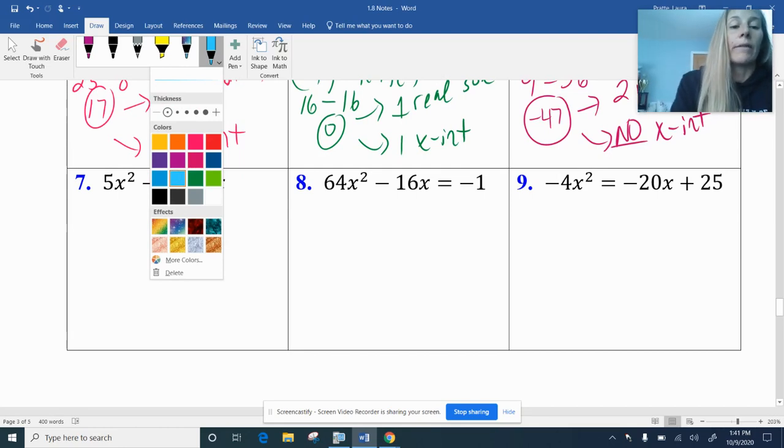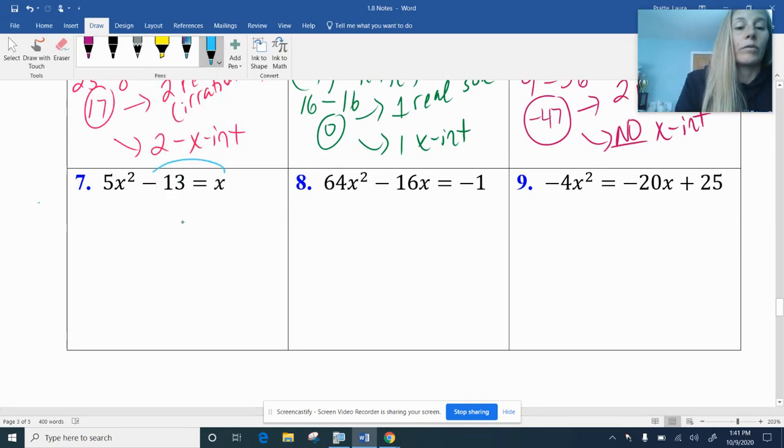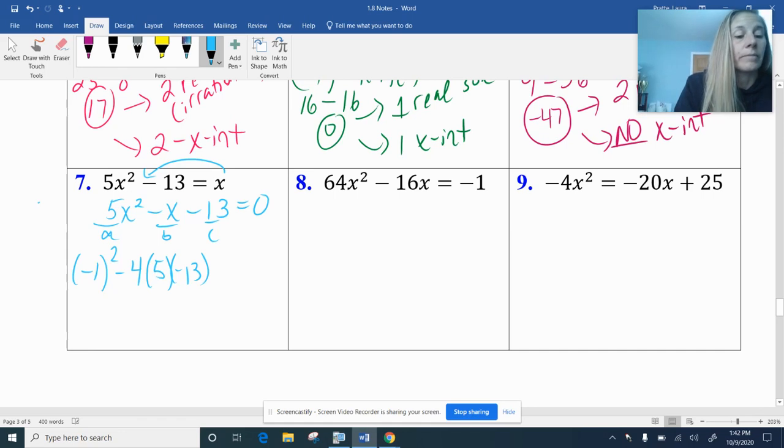Okay, number 7. Again, we're going to move this x over. Just be careful when you move it over. It goes actually in the middle here in order for it to be in standard form. So now I have a, b, and c. So negative 1 squared minus 4 times 5 times negative 13.